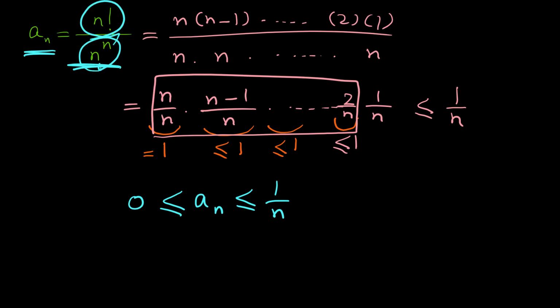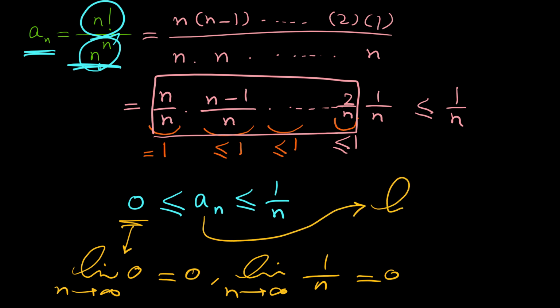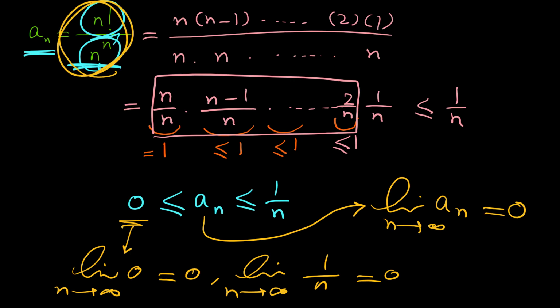Now again we want to use the squeeze theorem or sandwich theorem. What is the limit of this? The limit of 0 when n approaches infinity is 0. The limit of 1 over n when n approaches infinity is also 0. And from the squeeze theorem we conclude that the limit of the middle term, the limit of a_n, when n approaches infinity is also 0.